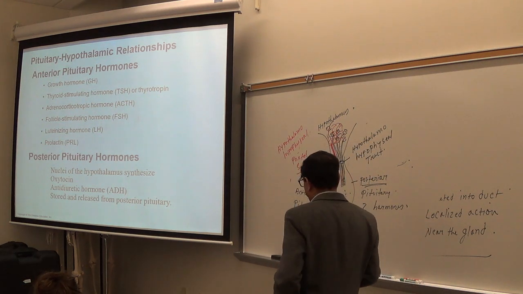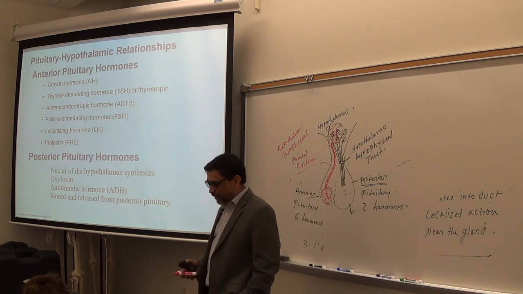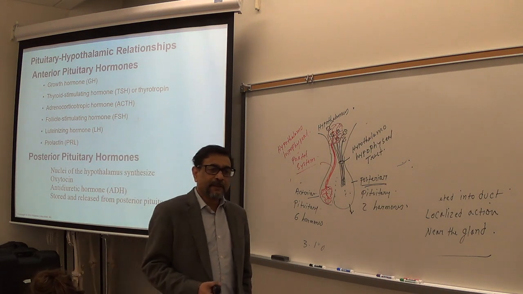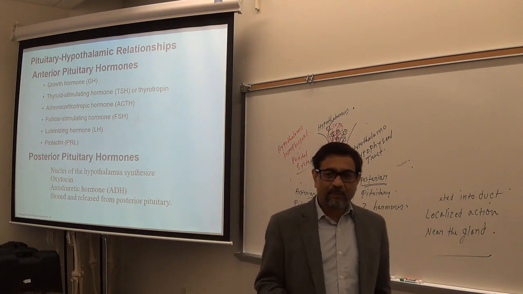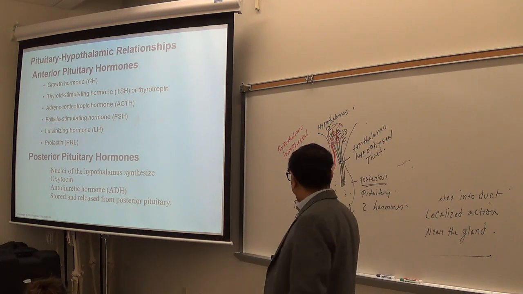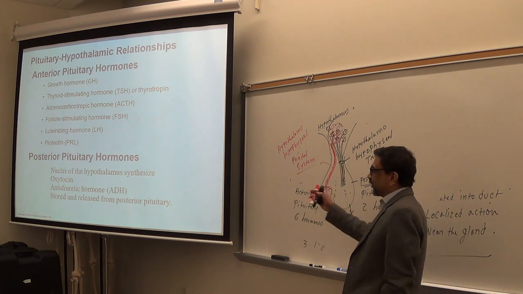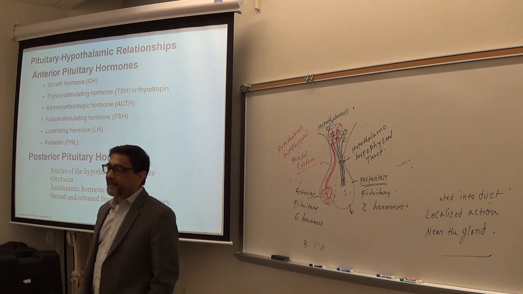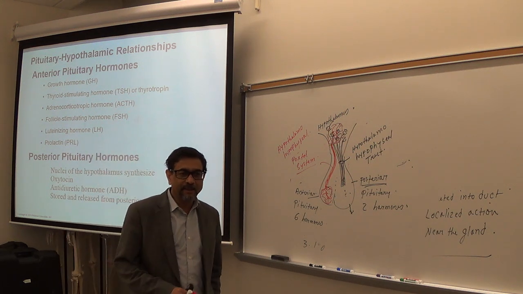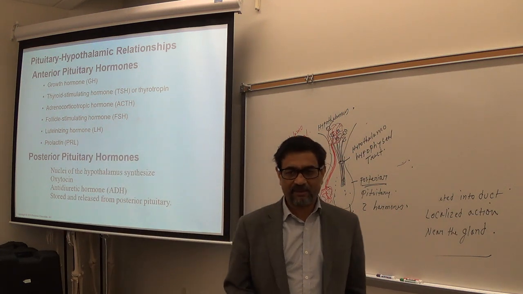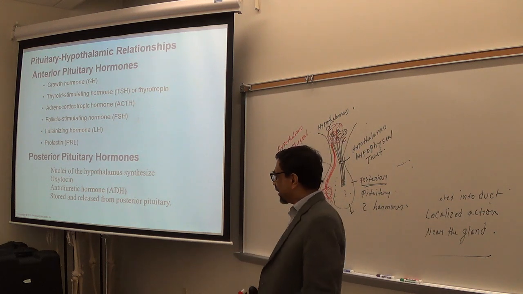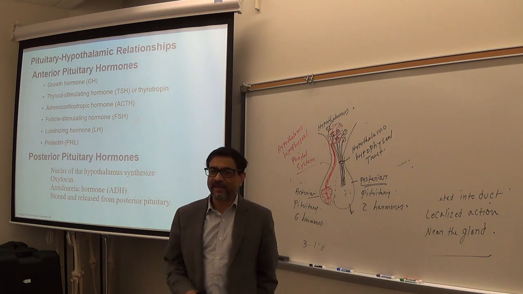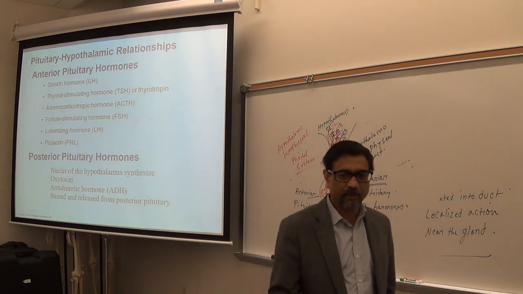You need to remember these names, 6 hormones of anterior pituitary. Posterior pituitary produces only 2. Antidiuretic hormone or ADH and oxytocin. So those 2 are the posterior pituitary hormones, oxytocin and antidiuretic hormone.